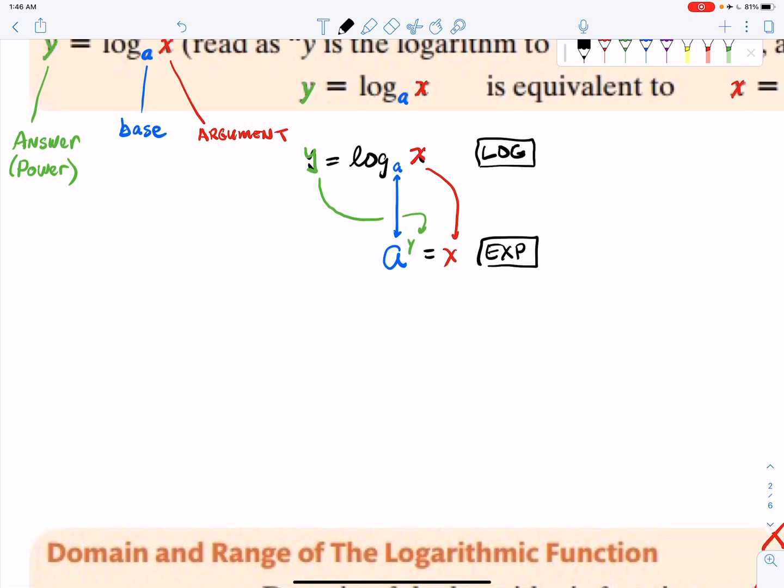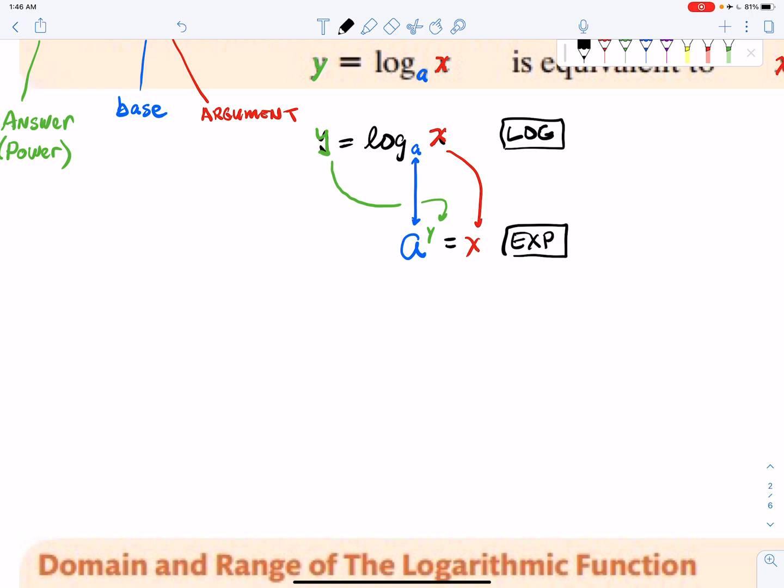Now we have some sort of special logs that happen more often than other logs. One log that happens very often is log base 10. The reason why is because our number system is base 10, and so that really works well with many things.